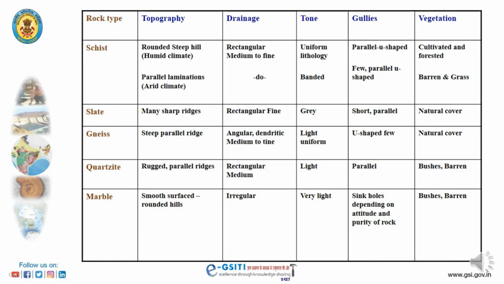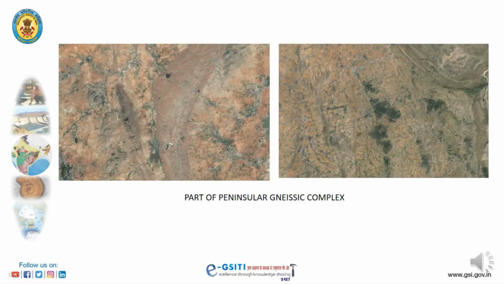Here we can see in a table about different metamorphic rock types, their key elements of identification through topography, drainage, tone, gullies and vegetation. From each rock type's parent origin, we can relate the key element characteristics.